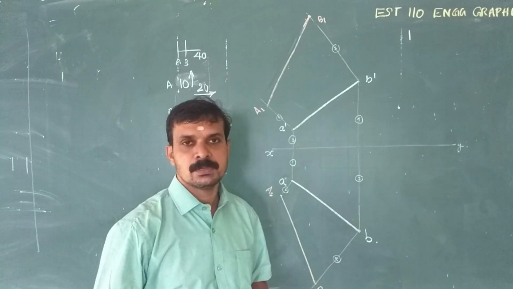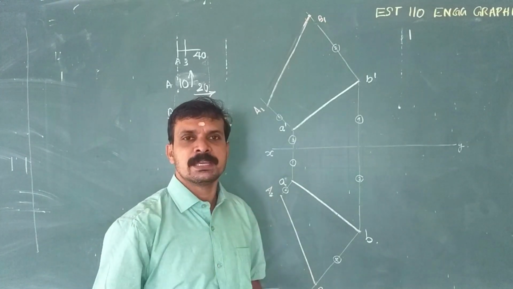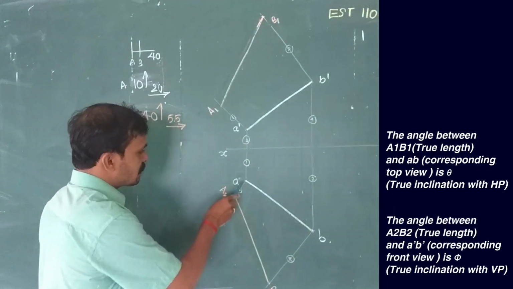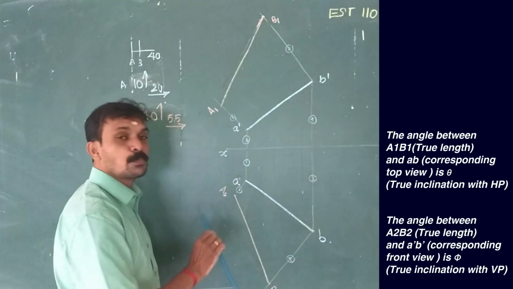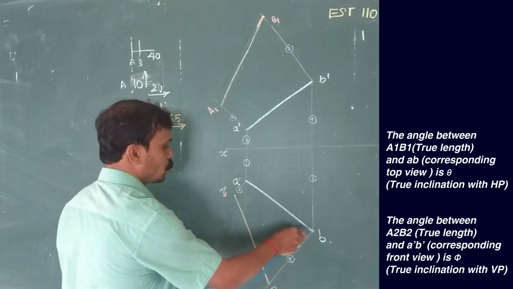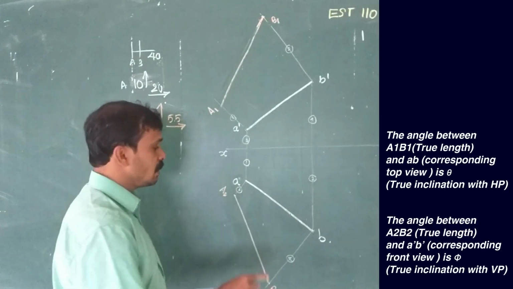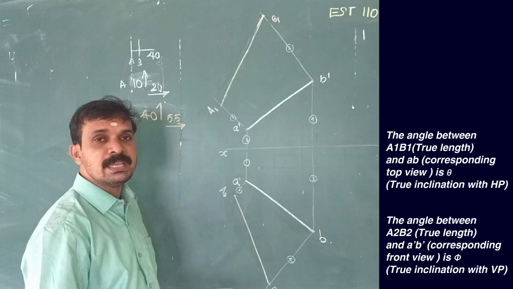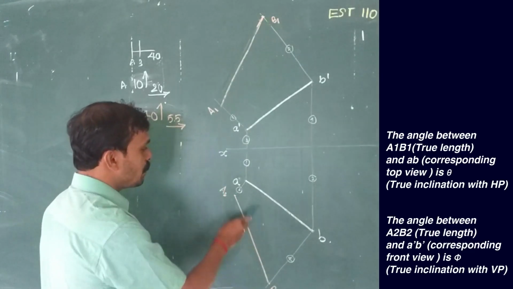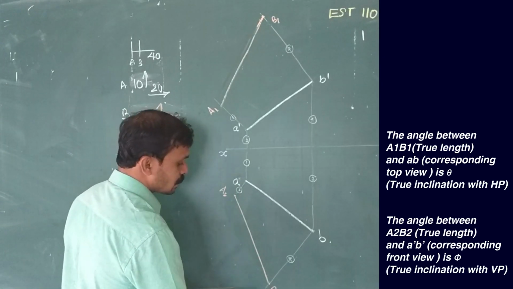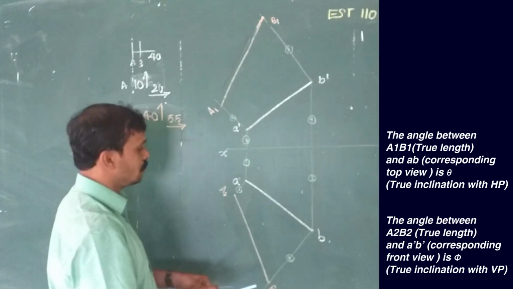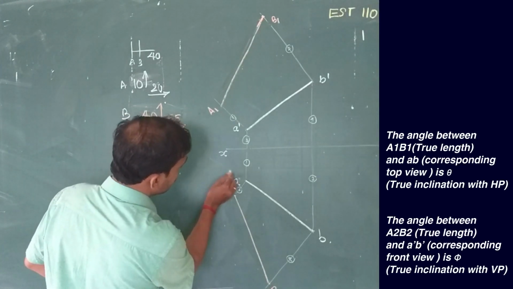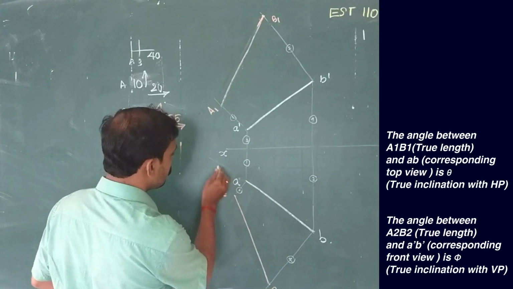So in the trapezoidal method, the rule is that the angle between AB, which means the top view, and the corresponding true length will be theta. For calculating the angle, extend AB.